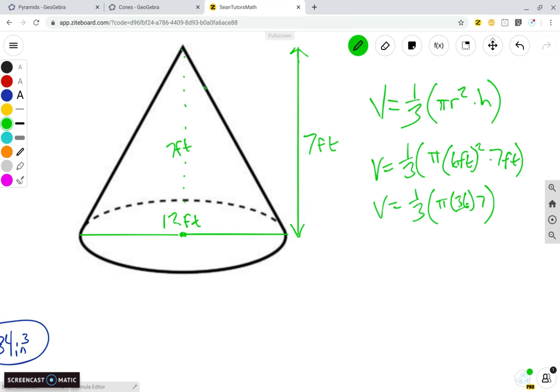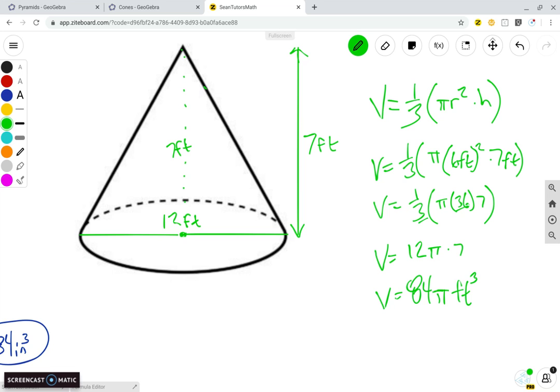All right, to simplify, I'm going to divide that 36 by 3. So what does that give us? 12 pi times the 7. And we have 12 times 7 will give us 84 pi. And that was feet cubed.